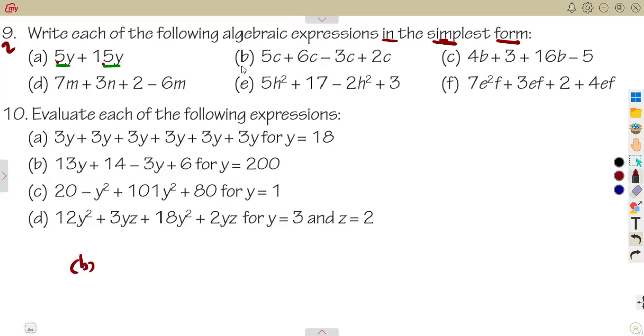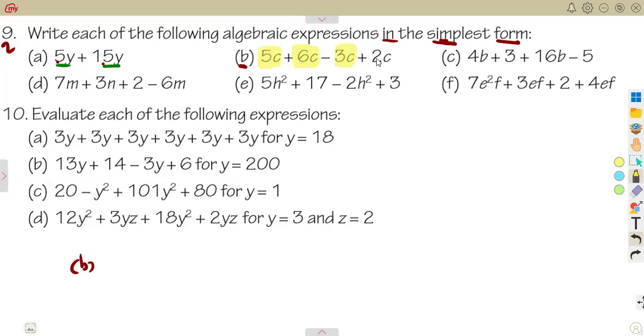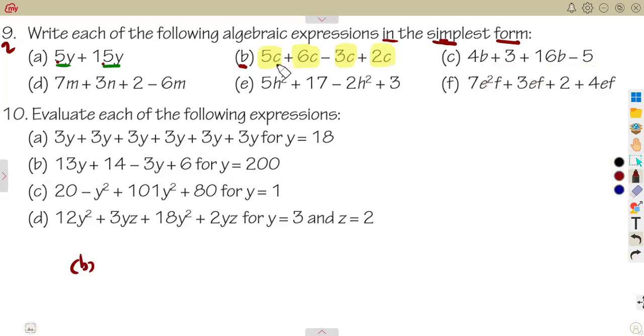Then the same thing on B. These are also like terms. Everything here, we have got a C, a C, a C. We also have a C there. So these are like terms. So we can simply add these or subtract where there's a need to subtract. So let's add 5 plus 6.